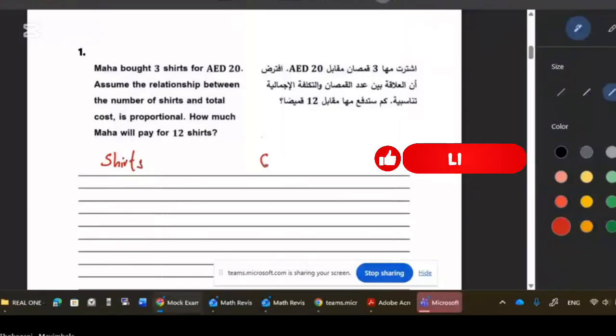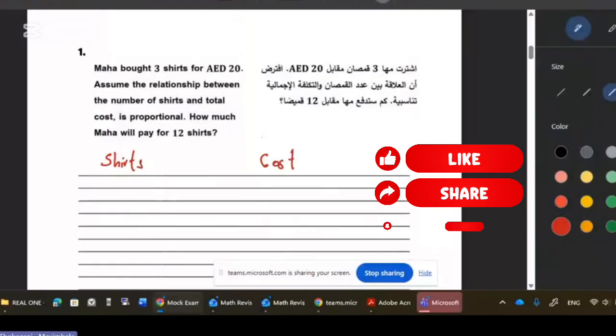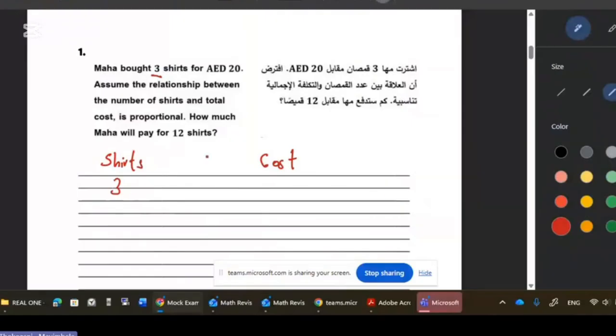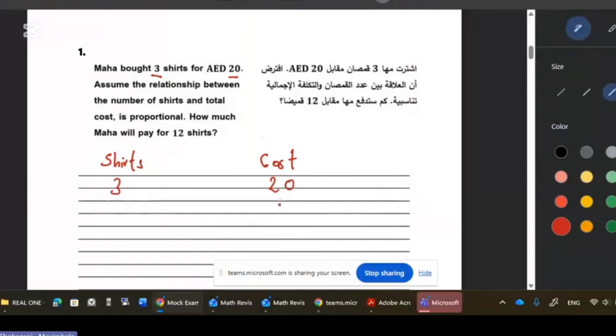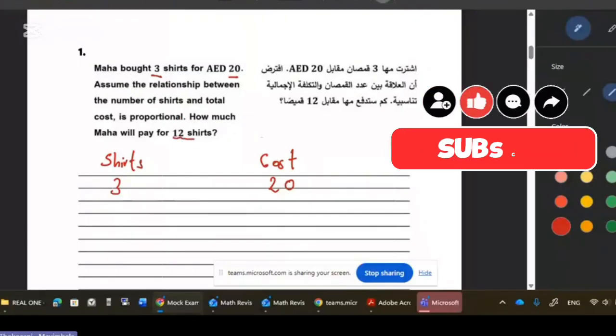Right? So the cost, and so here we're starting with the shirts. So I'm going to say 3 for shirts and 20 for the cost. And if I'm reading all of this statement, I can see something here that talks about shirts.